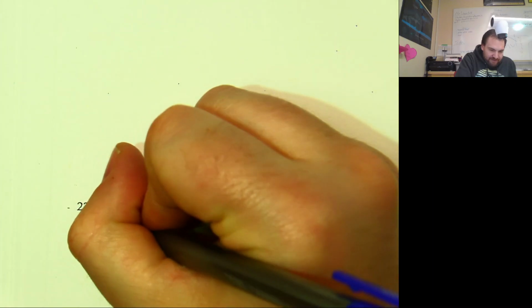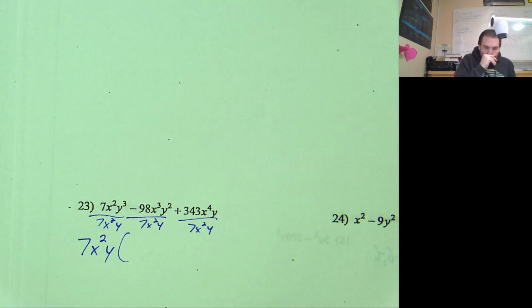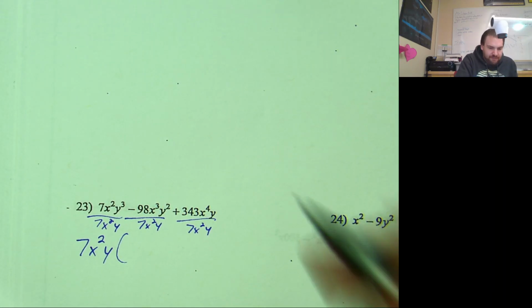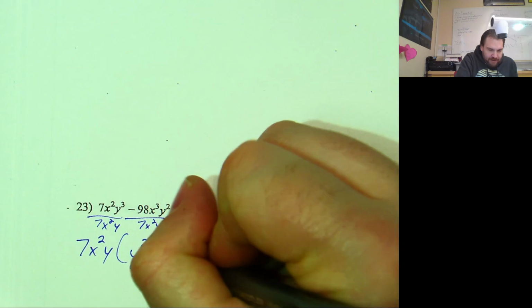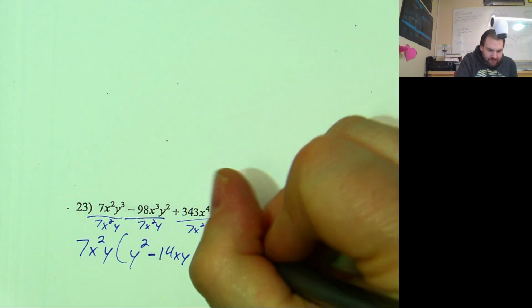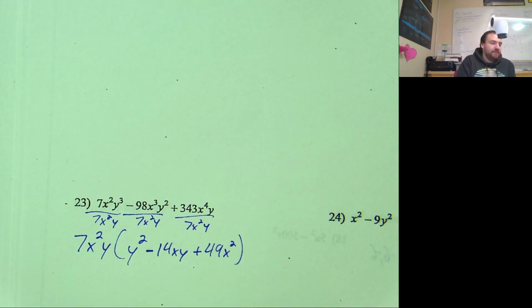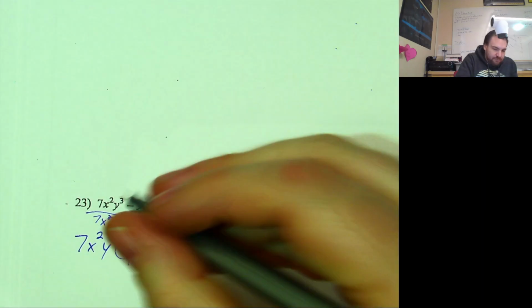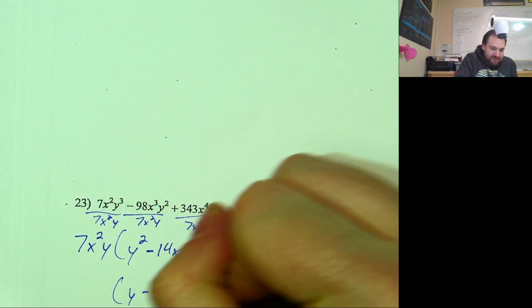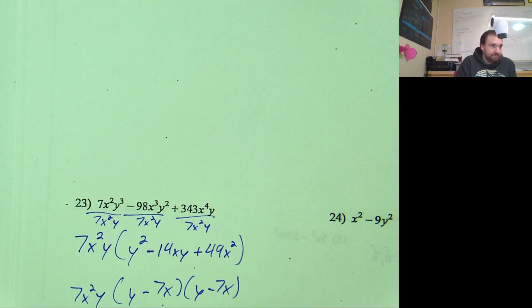Okay, so if I divide everything by 7x squared y, this is going to be y squared minus, plus 49x squared. So now it's exactly the same as the previous one. It's going to be y minus 7x, y minus 7x with my 7x squared y out front. Cool.